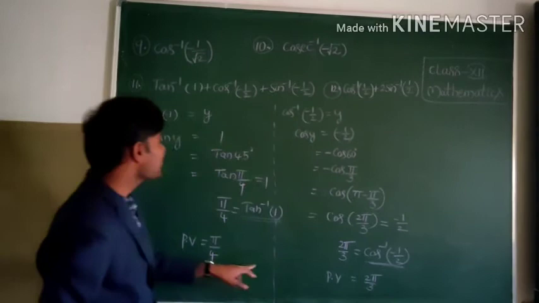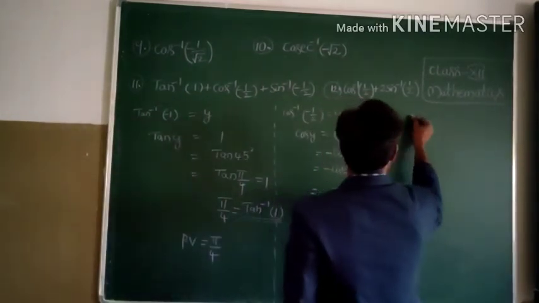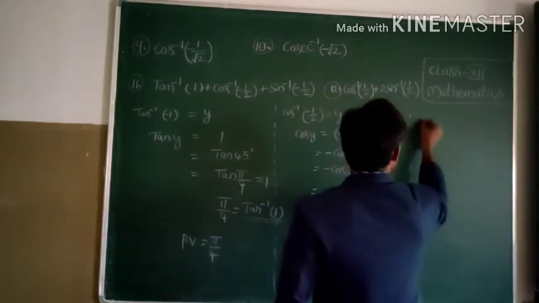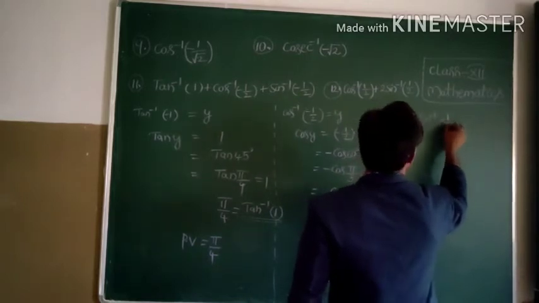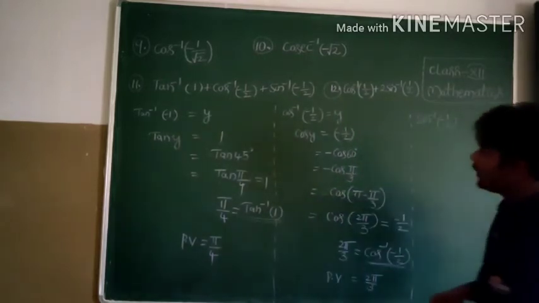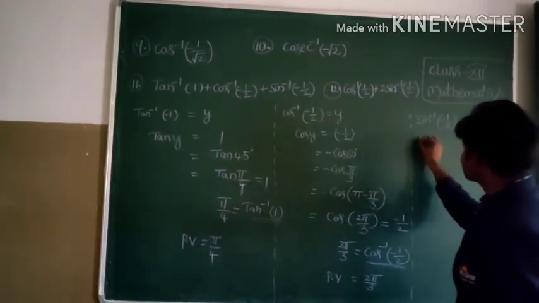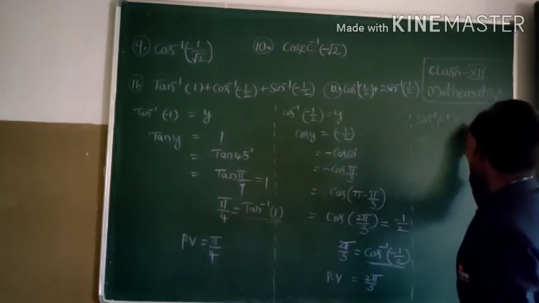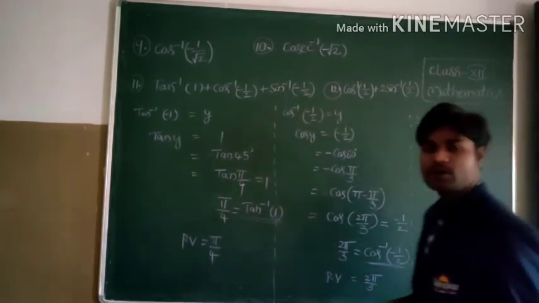And still we have one more function, that is sin inverse of minus 1 by 2. So here, we need to find the principal value of sin inverse of minus 1 by 2. Clear? So it is again, let sin y be equal to y, so sin y is equal to minus 1 by 2.